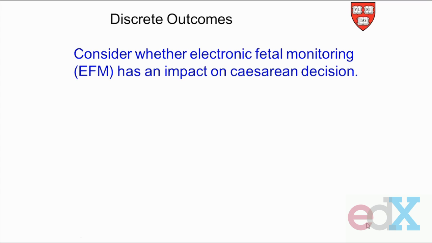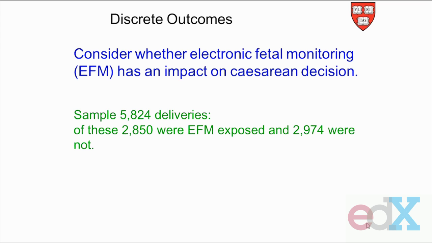So consider whether electronic fetal monitoring, let's call it EFM, has an impact on cesarean sections, whether to have a cesarean section or not. What they did in this study is they looked at 5,824 deliveries.